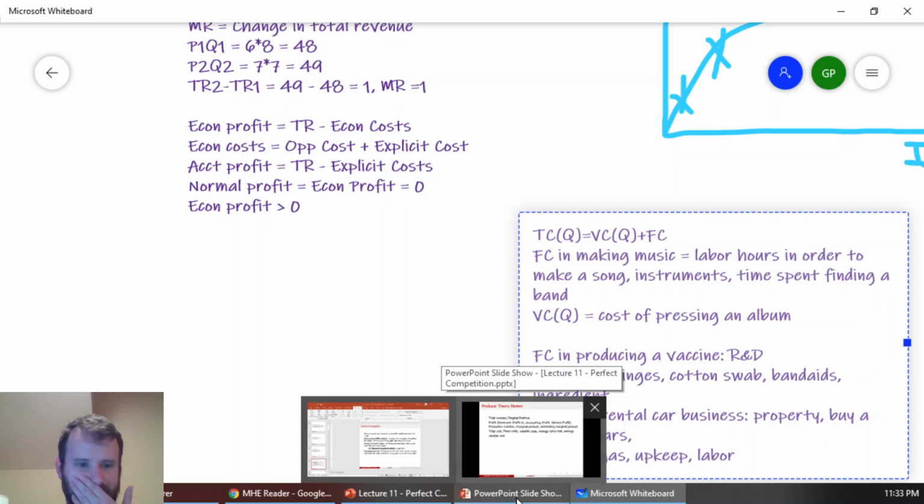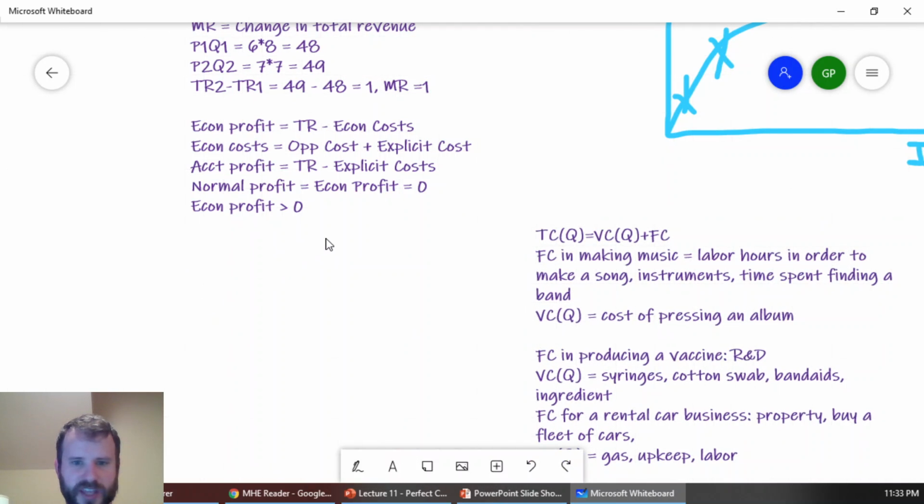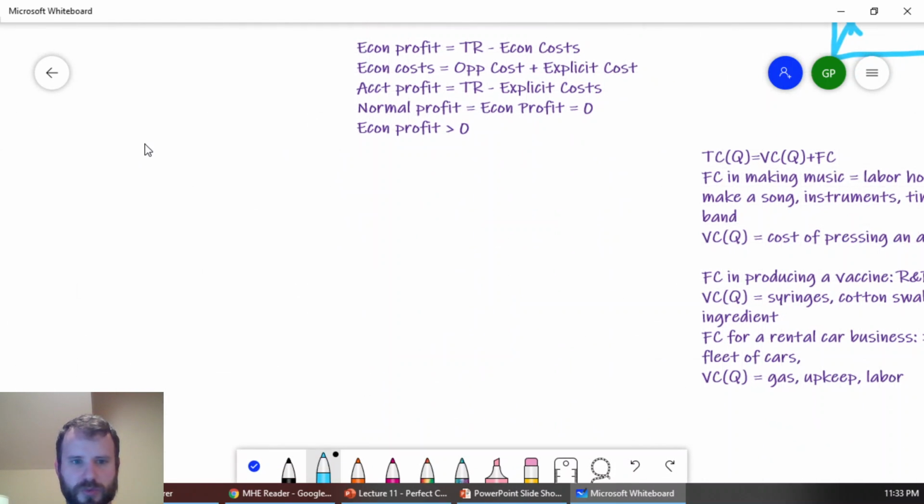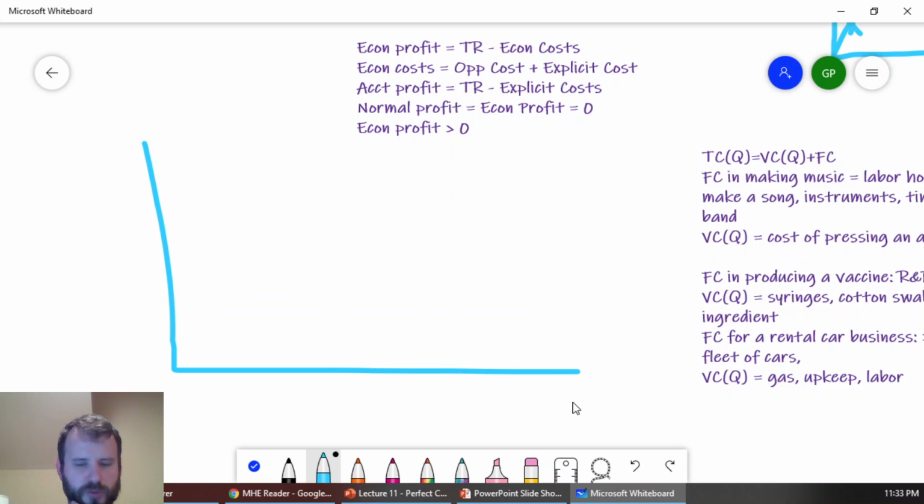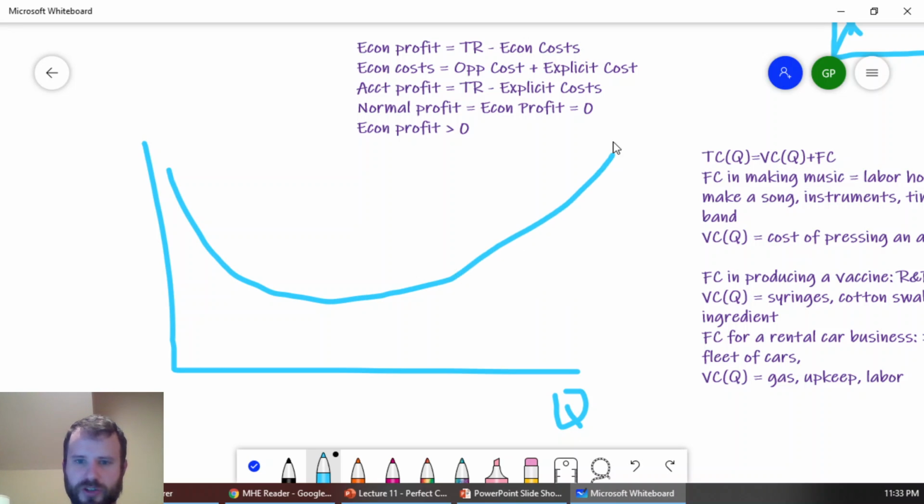So that, in the end of the producer theory lecture, we had the short run average total cost and the long run average total cost. The graph looks something like this.